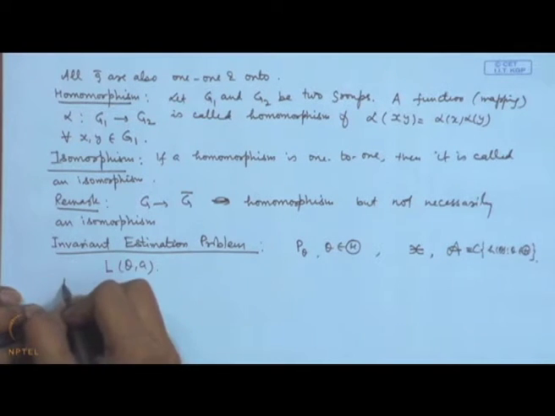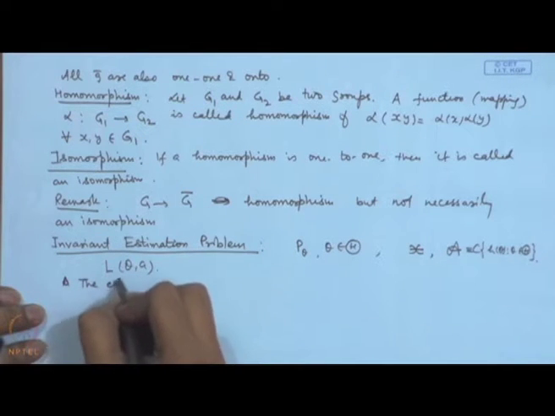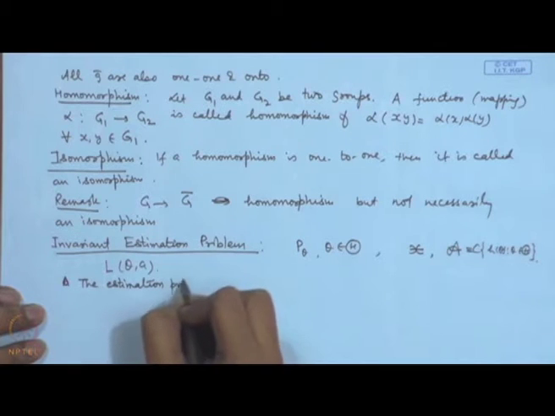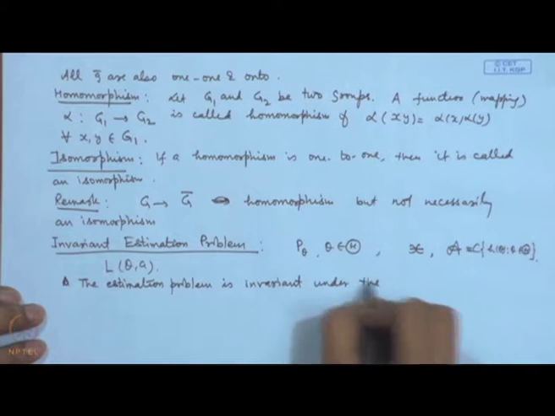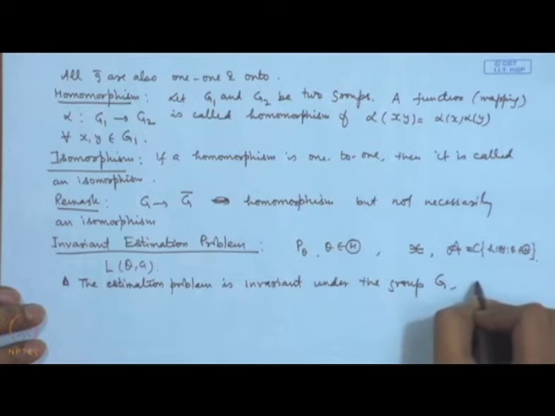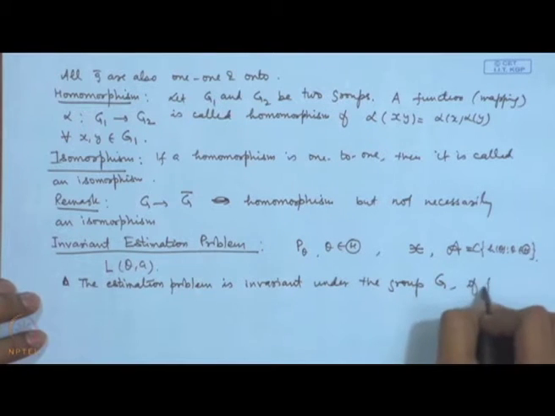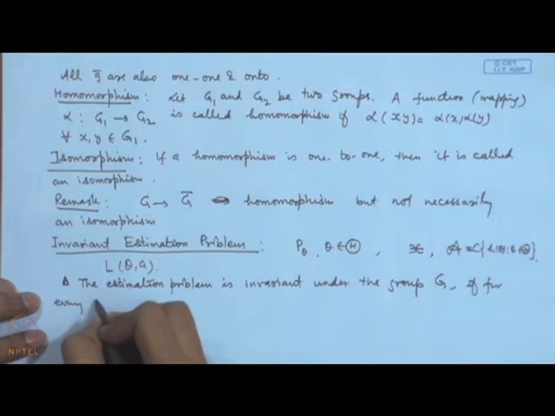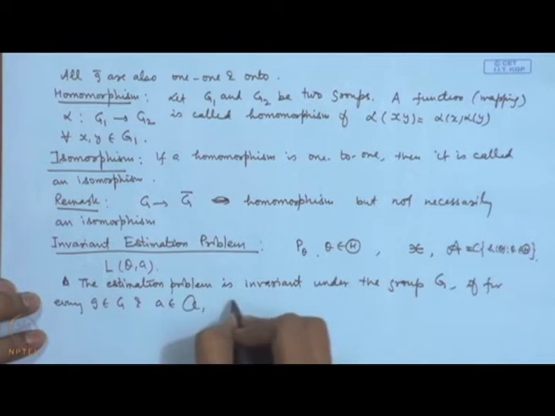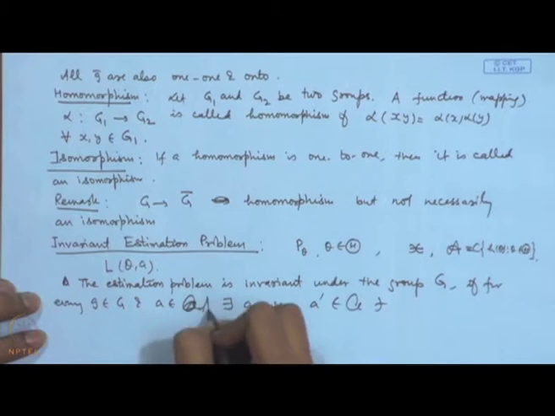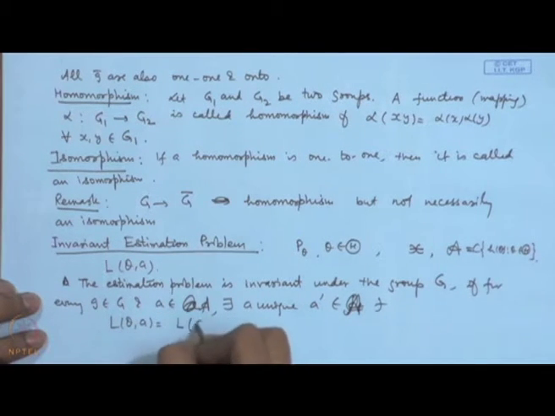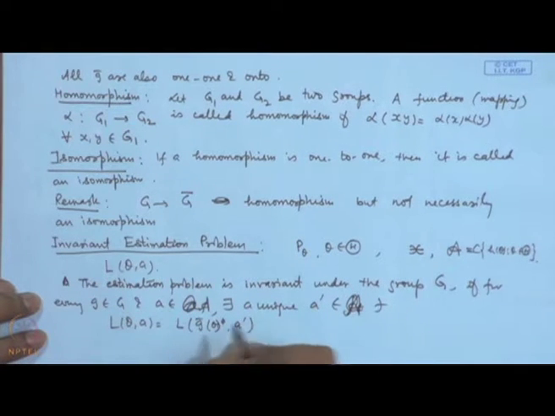So, we say that the estimation problem is invariant under the group, say G, if for every g and a there exists a unique, say a prime, such that a is the space of the estimators such that L theta a is equal to L g bar theta a prime for all theta.